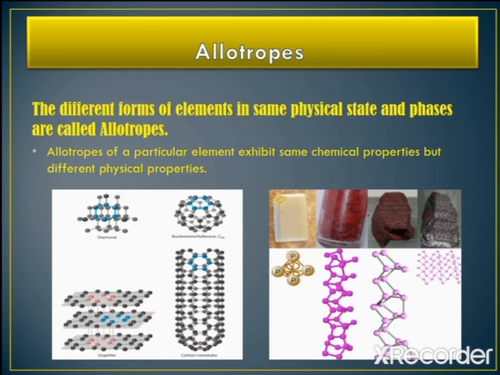The second figure is about the allotropes of phosphorus. As you can see, the different forms of phosphorus have different colors. This is due to the arrangement of phosphorus atoms in its molecular structure.